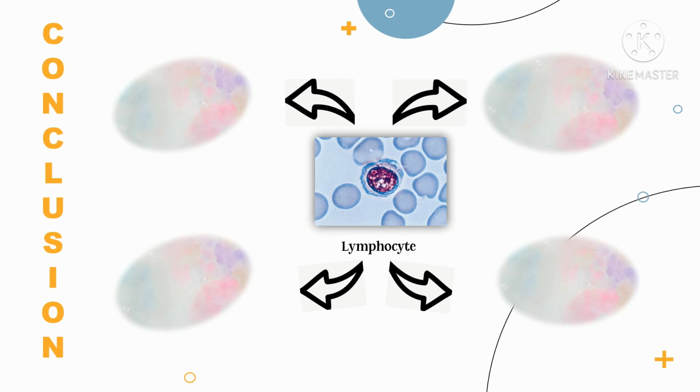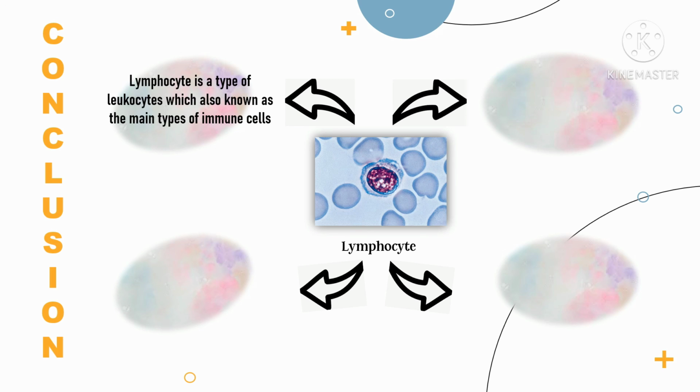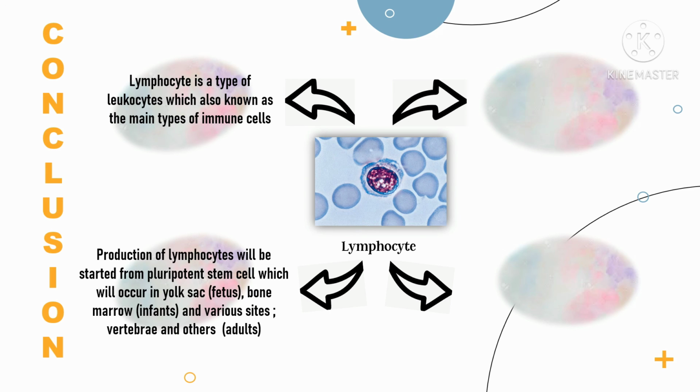In conclusion, lymphocyte is a type of leukocyte or white blood cell, which is also known as the main type of immune cells. Production of lymphocytes originates from pluripotent stem cells, which occurs in the yolk sac for a fetus, bone marrow for infants, and various sites such as the vertebrae in adults.